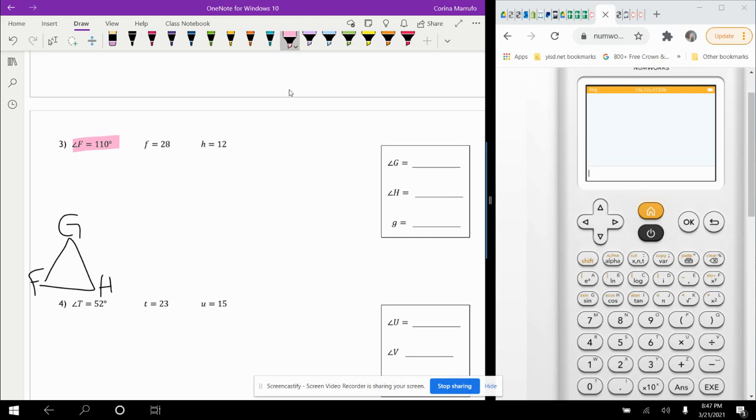So we have big F, so that means little f is directly across from it. We do know that big F is 110 degrees, and little f is 28.